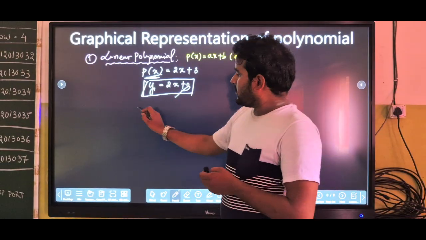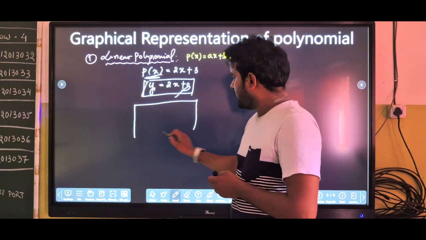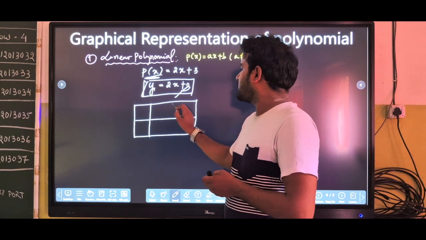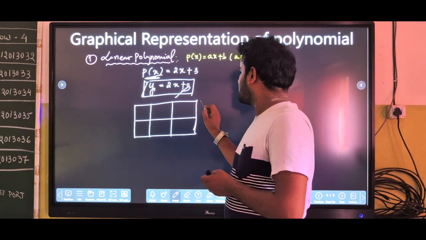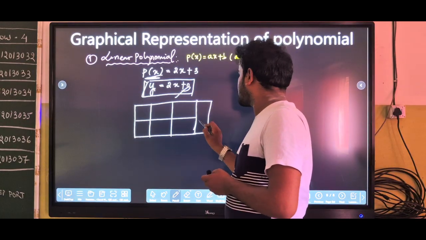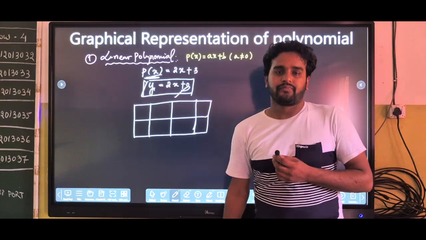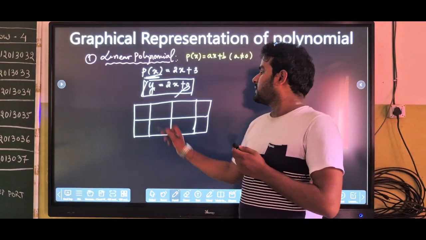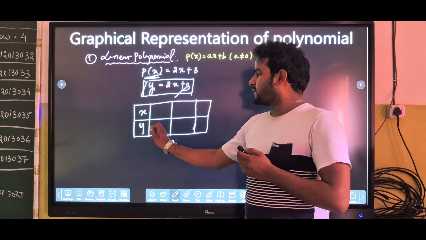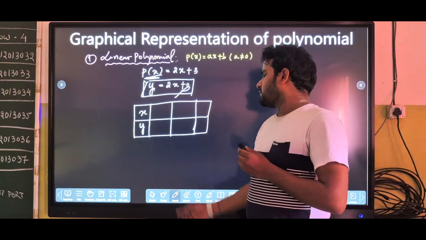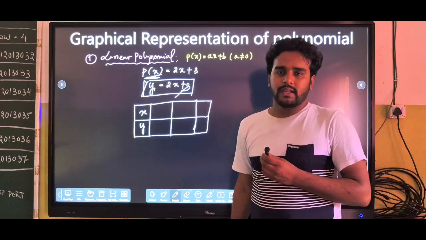In class 9 we have understood that if any linear equation is given, we have to find its solutions first. Then only we can represent it on the graph paper. So what do solutions mean? Now we will find x and the corresponding y. So how many solutions will I take?